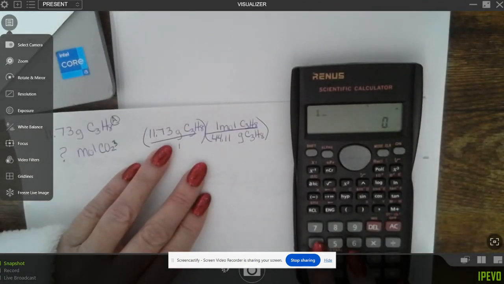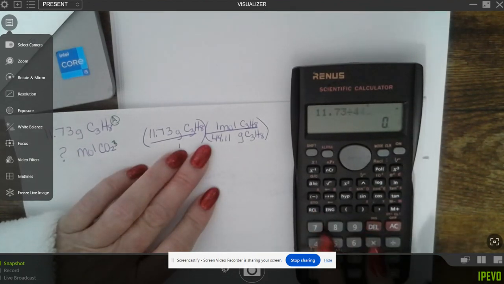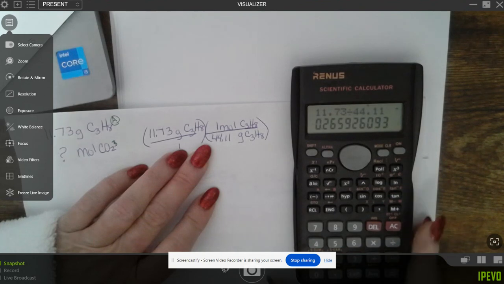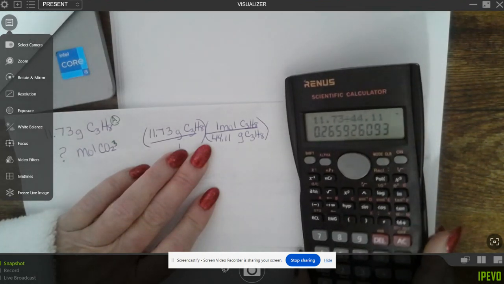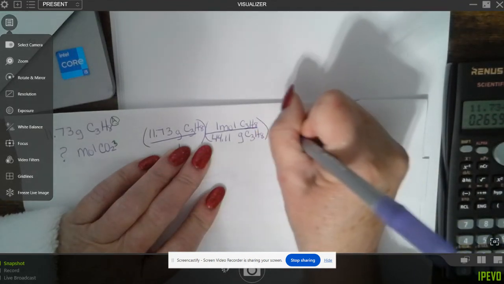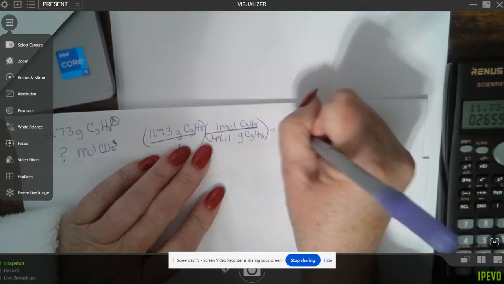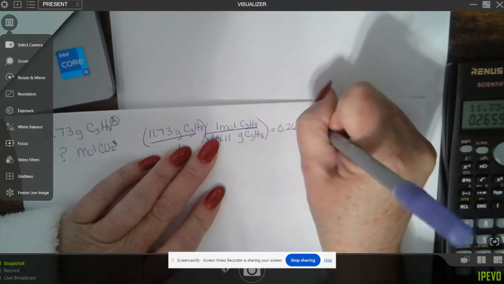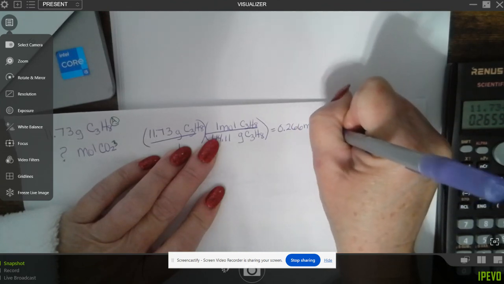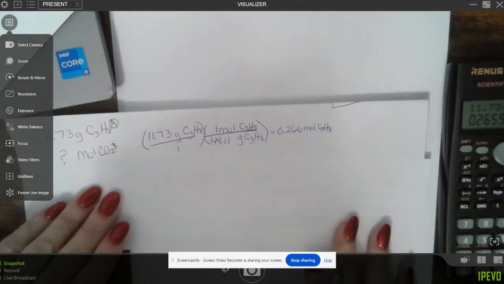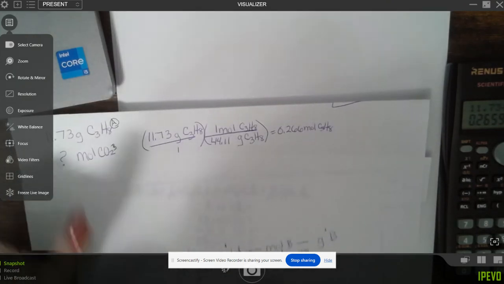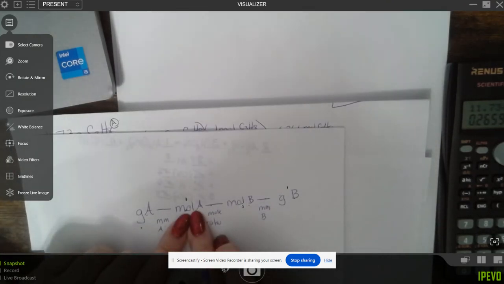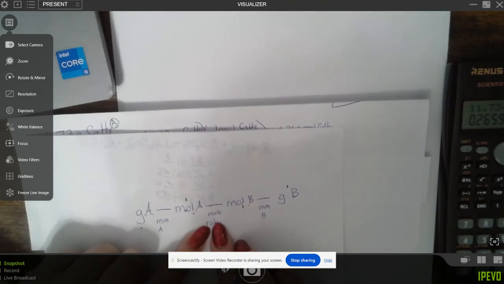So 11.73 divided by 44.11 equals 0.2, I'm going to go with 266. And that's moles of C3H8. Now we're trying to get to moles of B. So we've got moles of A. To get to moles of B, we need the mole ratio.